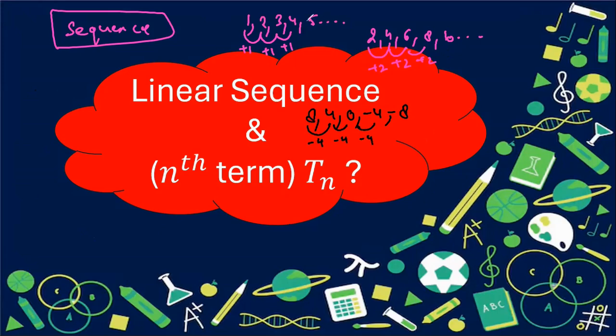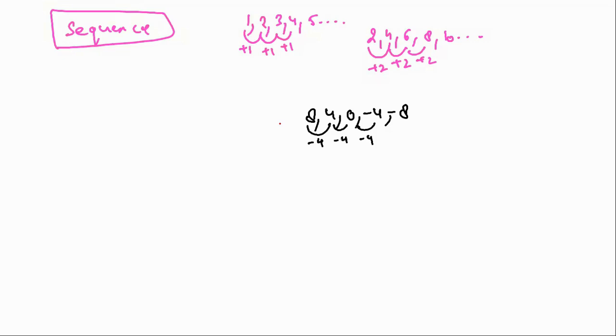In the first parts I am adding a constant, in the third I am subtracting, so they all are linear sequences. Whenever I am adding or subtracting something to the previous term to get the next term, that is called a linear sequence.